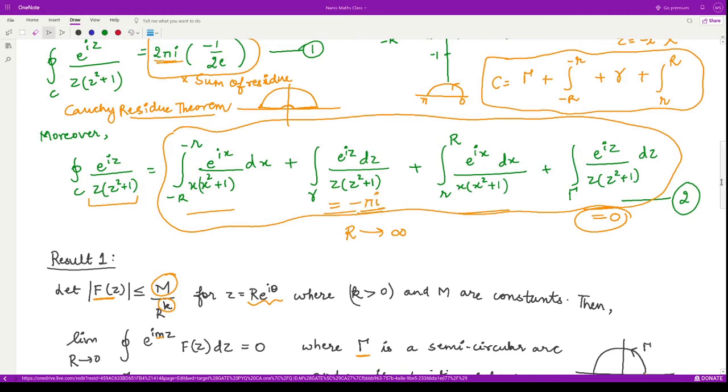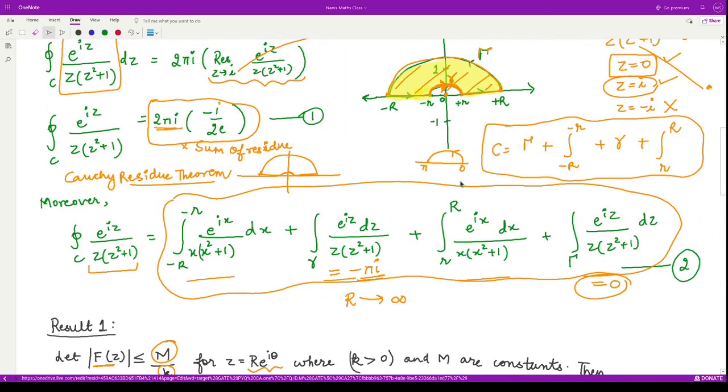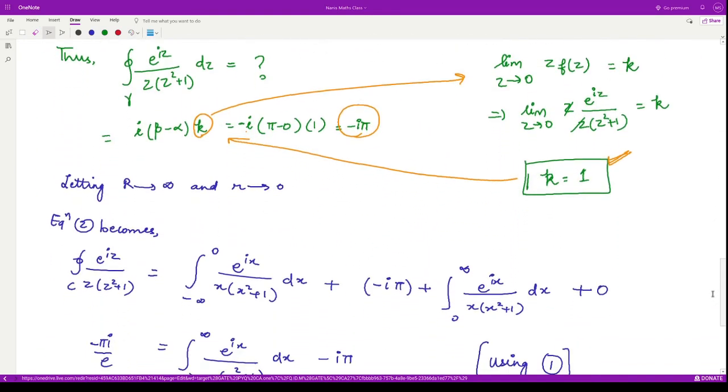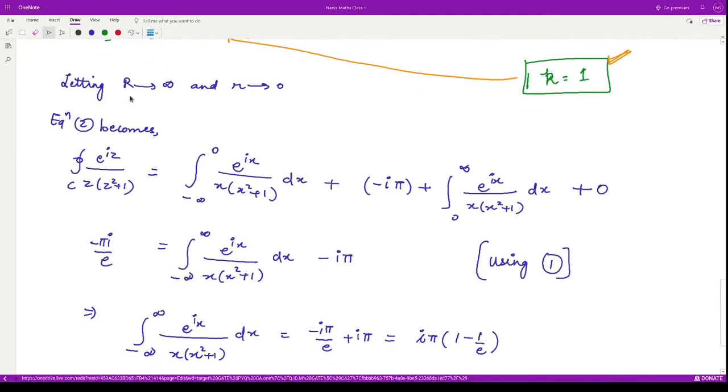So now, substituting this particular value over here in the left hand side, if we let r tend to infinity and small r tend to 0, this portion would be really small, and we would basically be covering the whole of this complex plane. When you make r go to infinity, this whole plane would be covered, right?